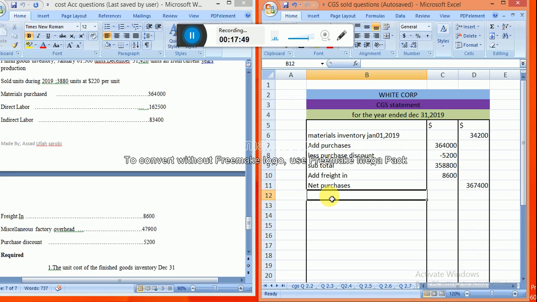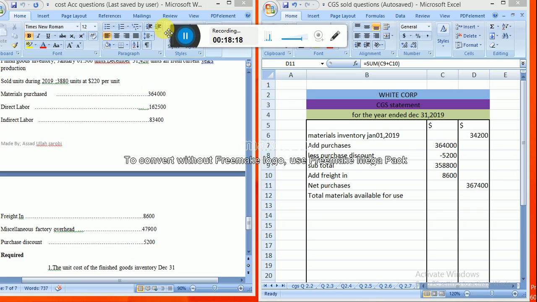So we will add the previous year remaining purchases plus the current year net purchases. That is called total material available for use. Total material available for use.